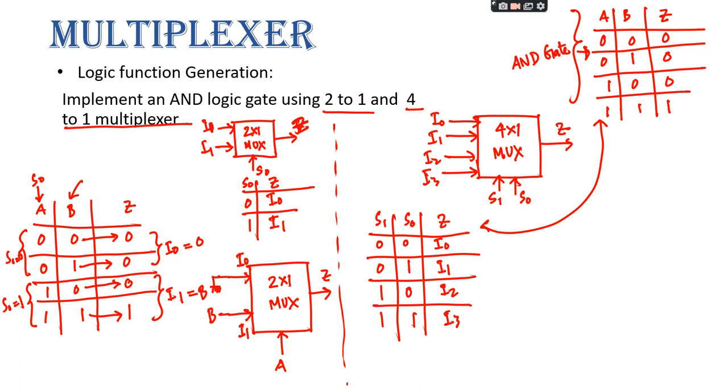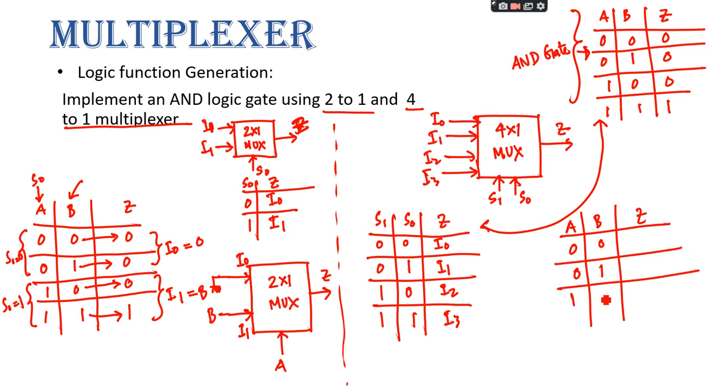So what do I have to do? If we take A, B and Z, again 0 0, 0 1, 1 0, 1 1. So here we have values 0 0 0 1.